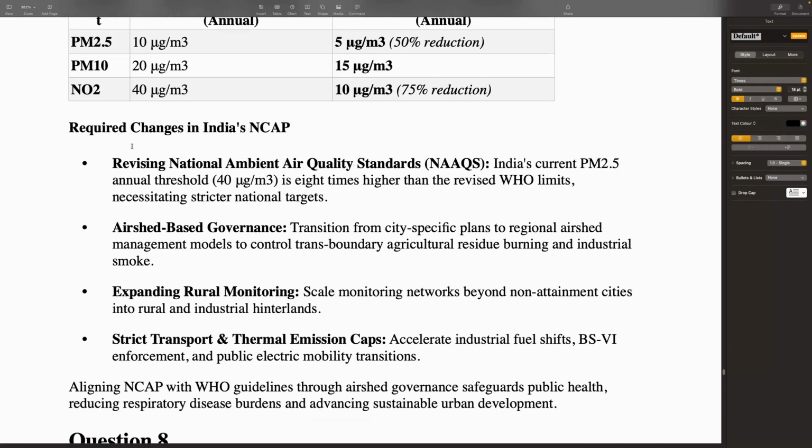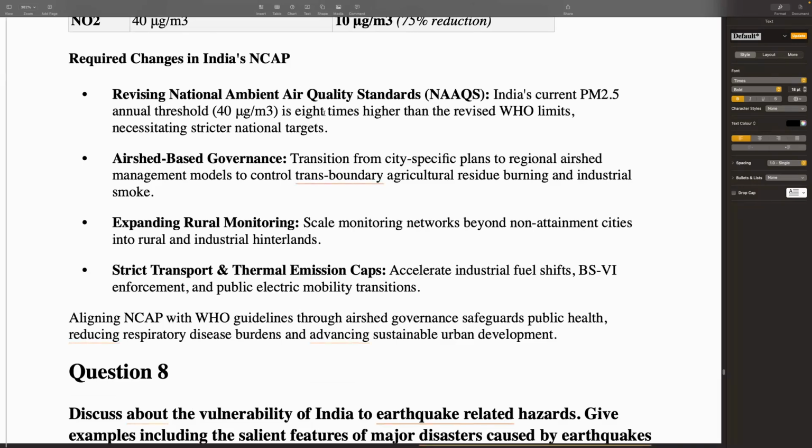Okay, anyway, required changes in India's NCAP. Revising national ambient air quality standards: India's current PM 2.5 annual threshold is 8 times higher than the revised WHO limits, necessitating stricter national targets. Airshed-based governance: transition from city-specific plans to regional airshed management models to control transboundary agricultural residue burning and industrial smoke.